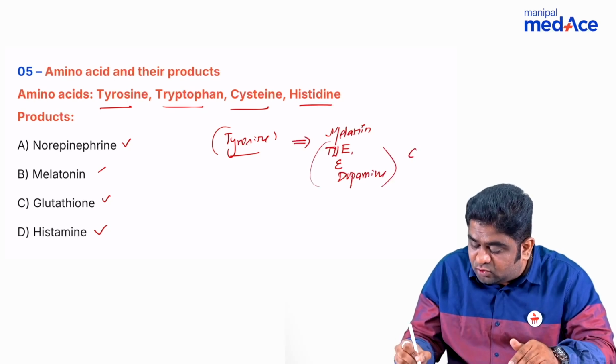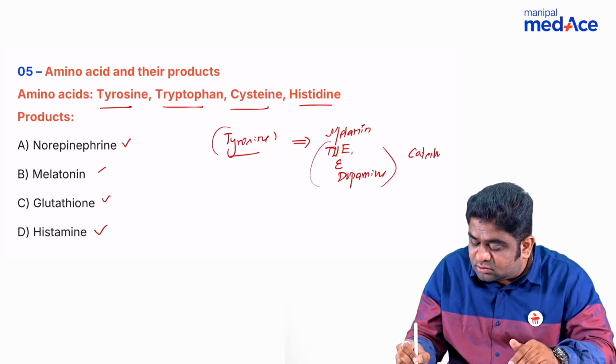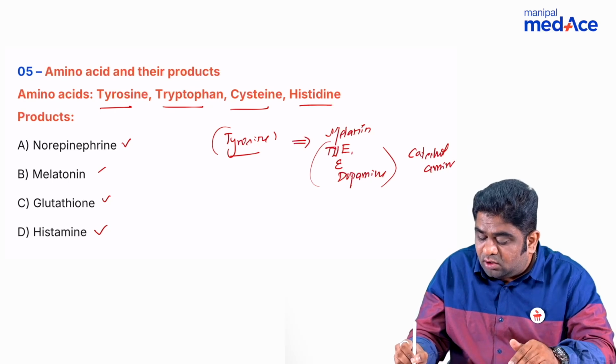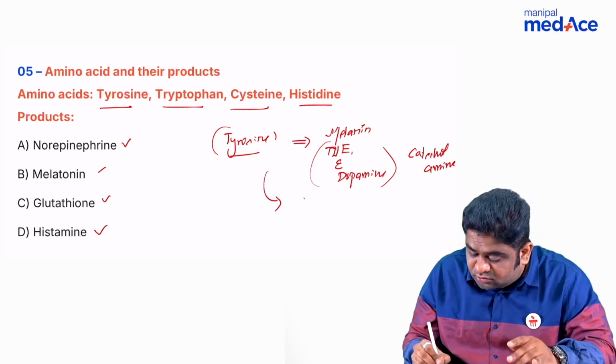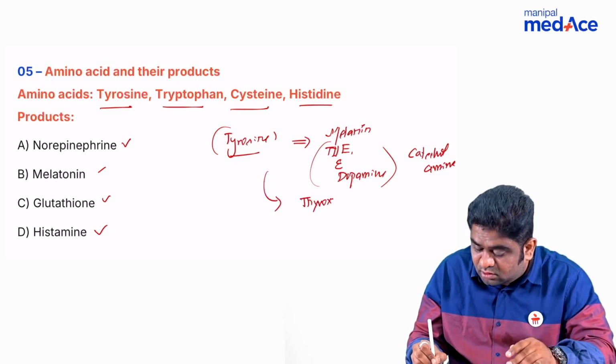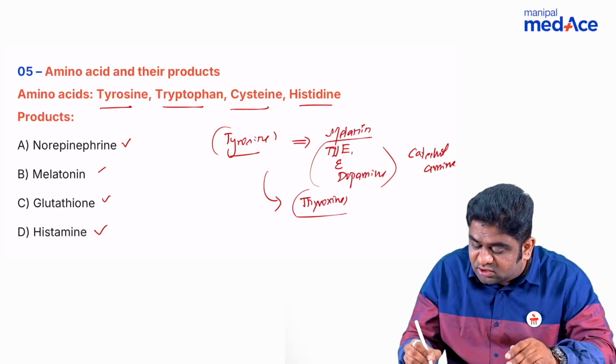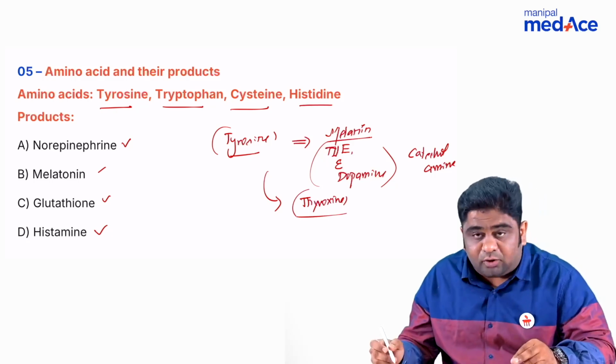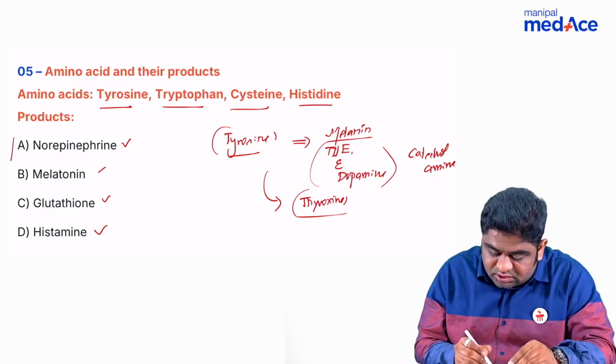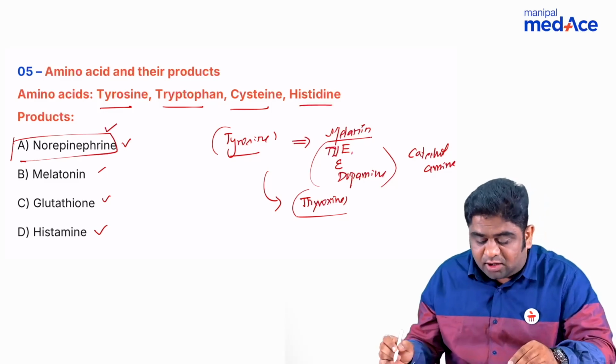All three are referred to as catecholamines. Also, tyrosine is an important source for thyroxine. Three major things that you have to know with respect to thyroxine. So on that basis, the answer is norepinephrine coming under catecholamine pathway.